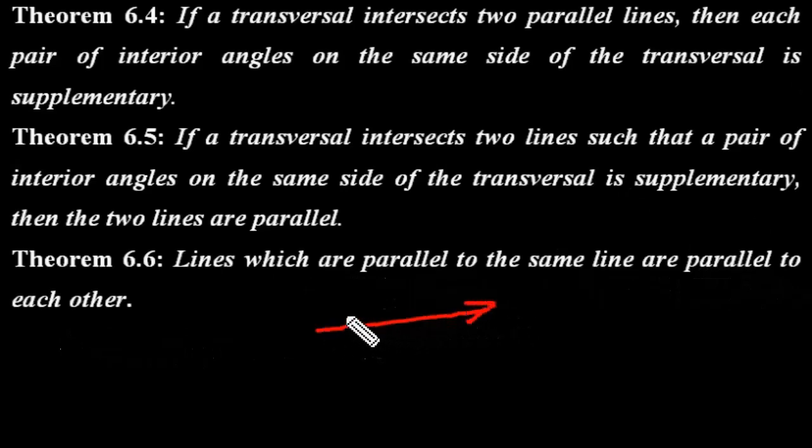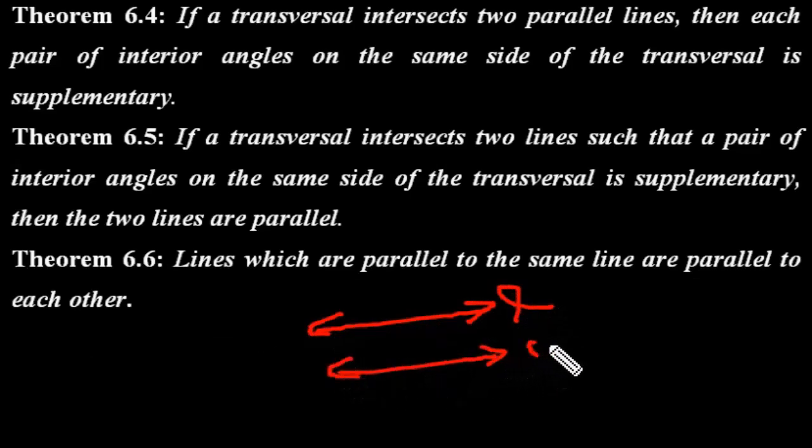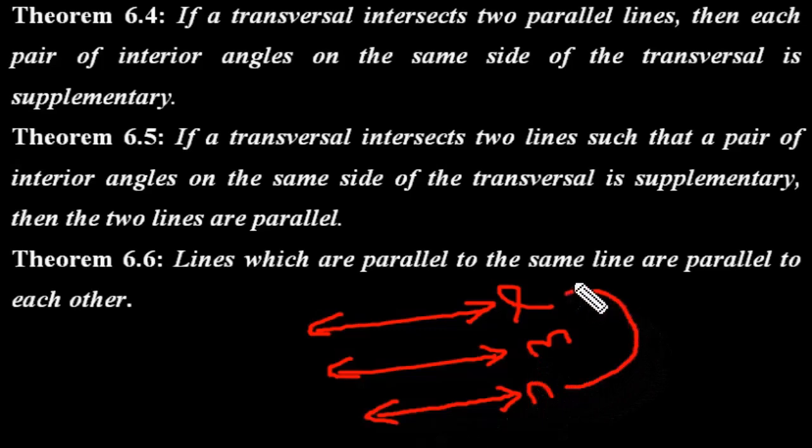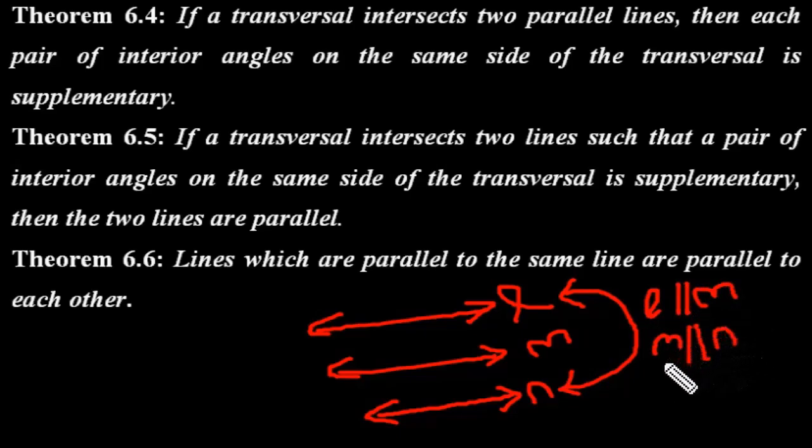That is, this line L is parallel to M. I am drawing two lines in such a way that L is parallel to M. I am drawing one more line which is parallel to M. Now this line N is parallel to M. Then this L will also be parallel to N. First I have drawn L parallel to M. Then I have drawn another line N parallel to M. Now we can say that L is also parallel to N. This also will be parallel.